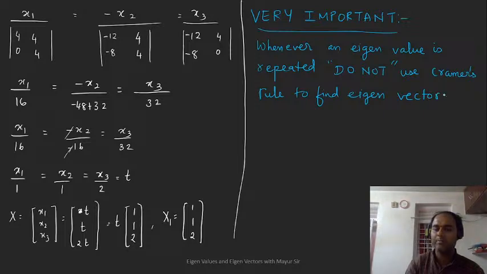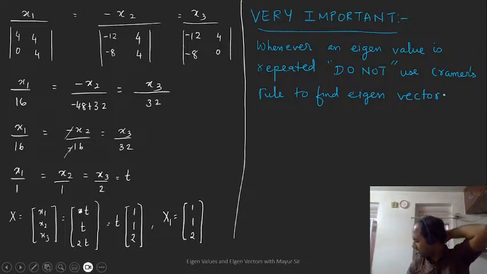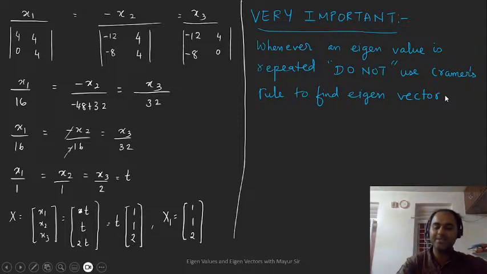This is very important. We have another method for that. Now that method is slightly different. Now there is no way out. You have to do this. Let us see how to do it.